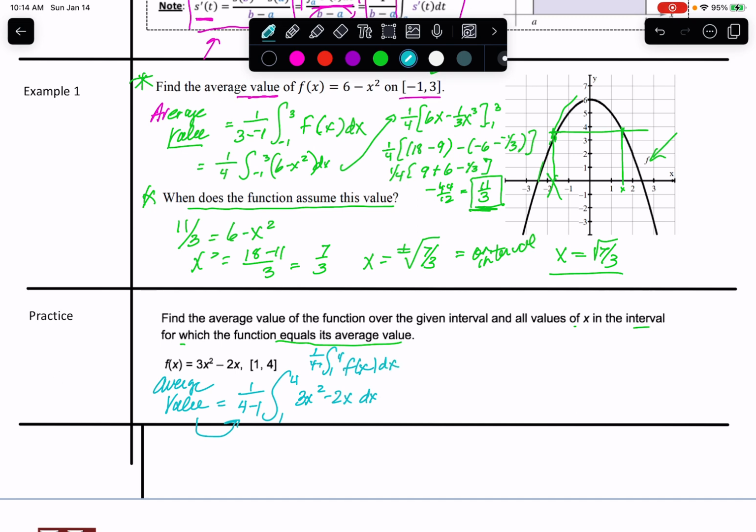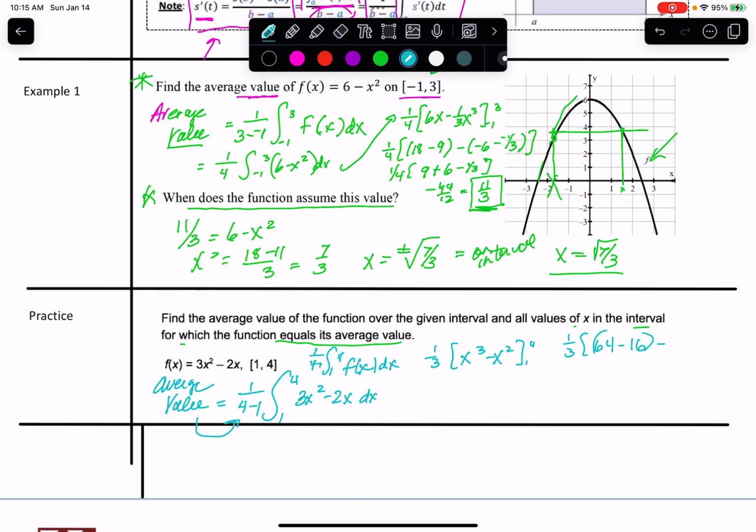All right, so this one doesn't seem so bad. This would be 1/3. And then it would be x cubed minus x squared from 1 to 4. So that's 1/3 of 64 minus 16.